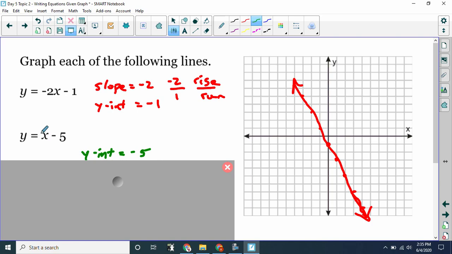The problem is the slope almost looks like there is no slope. That's not true. Remember, x is the same thing as 1 times x. The coefficient is understood to be a 1 if it's not there. So in this case, our slope is positive 1. When I'm thinking about rise over run for my slope, that's going to be 1 over 1.